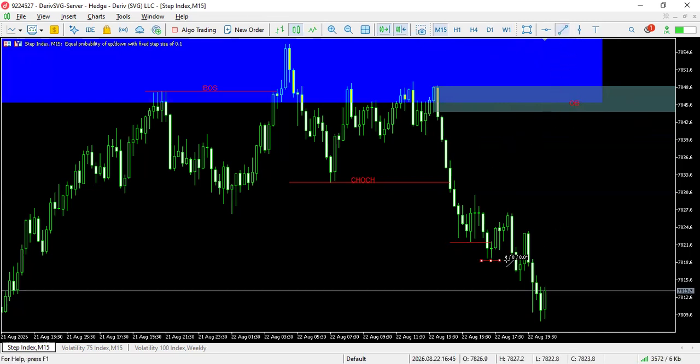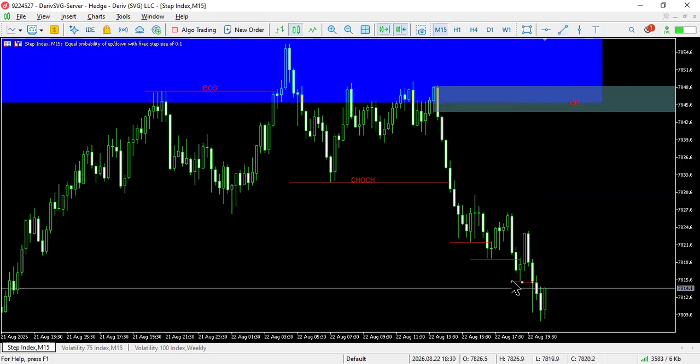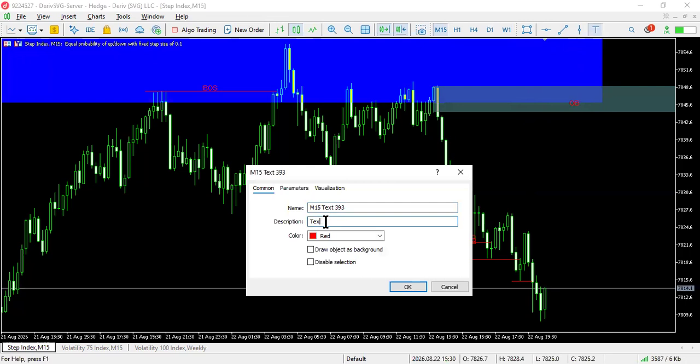We also have that break of structure. We also have that break of structure.